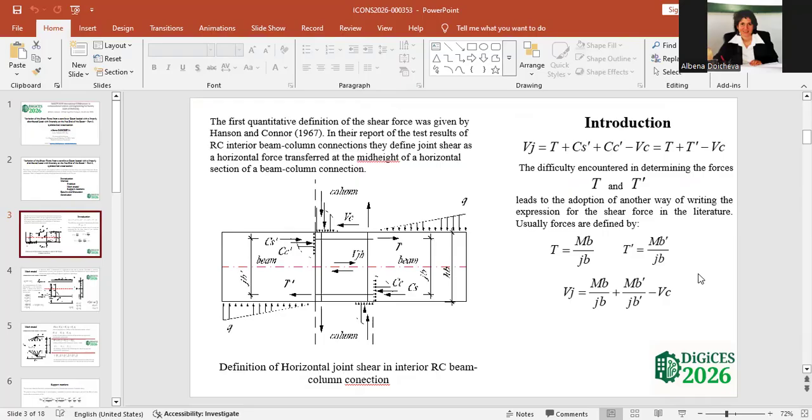That's why in the literature the equation was adopted that the forces of the reinforcement bar are equal to the moment at the end of the beam divided by the distance between the two reinforcement bars.